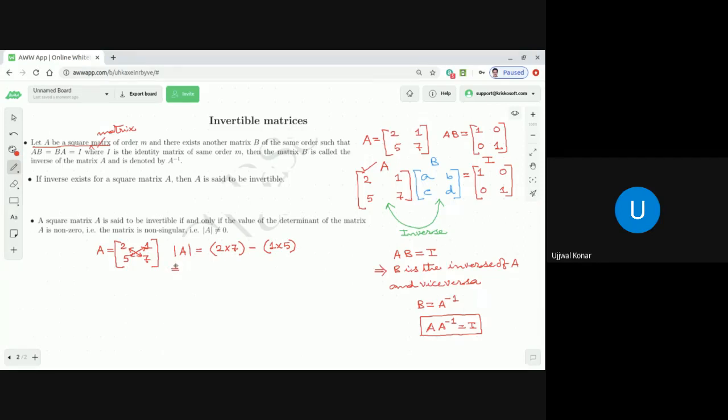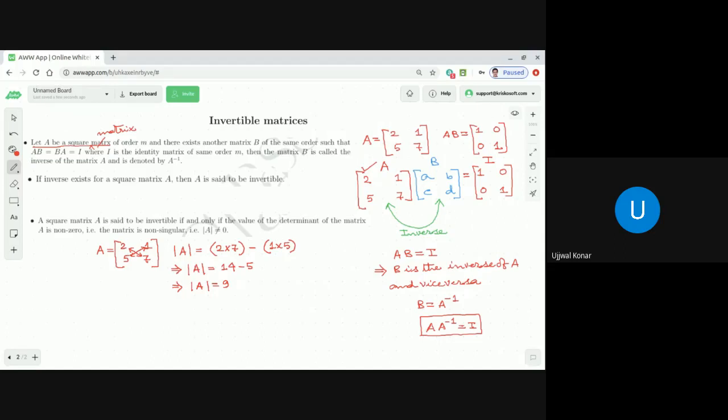This implies the determinant of A is 14 minus 5. That implies the determinant of A is equal to 9. Now, as we find the determinant of the matrix A is 9, which is not equal to 0, we can say yes, the inverse of this matrix is possible.